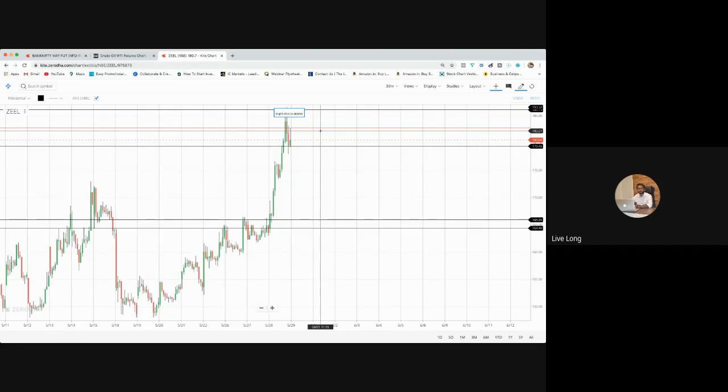If 100 rupees is the maximum risk I can take, then I should purchase only 100 divided by 4. That is only 25 quantities of shares.